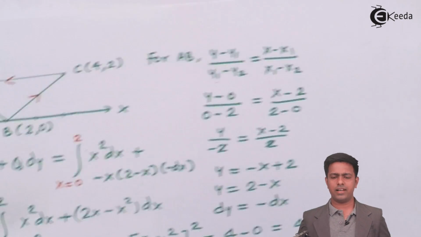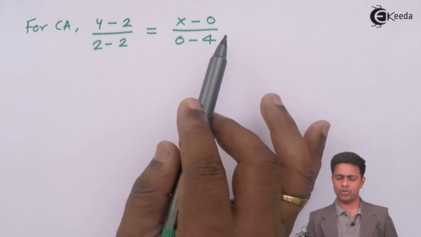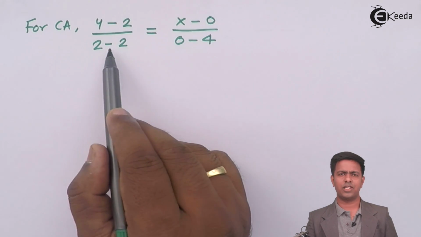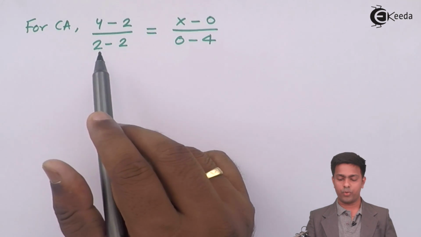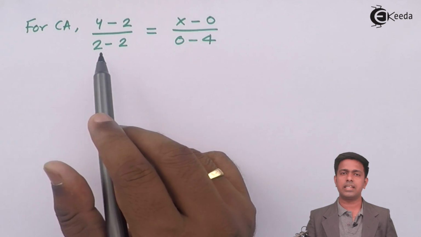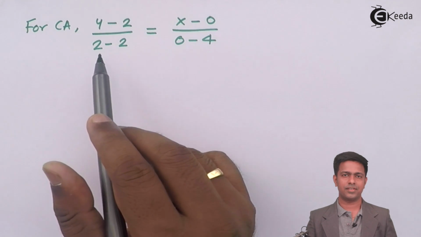But have you observed that when I substitute these values, here I got the value 0? Whenever the denominator is 0, we get the answer as infinity. So the question is, why did we get the answer as infinity?